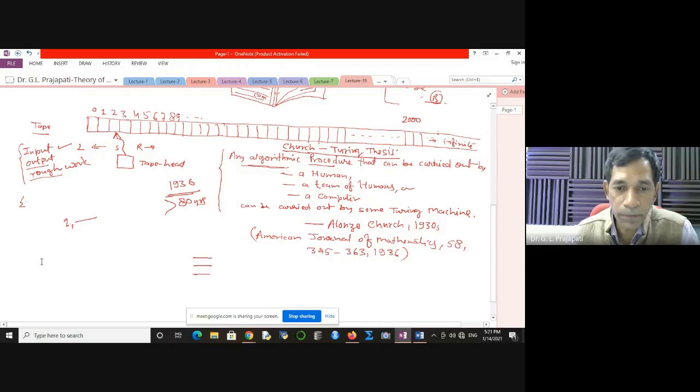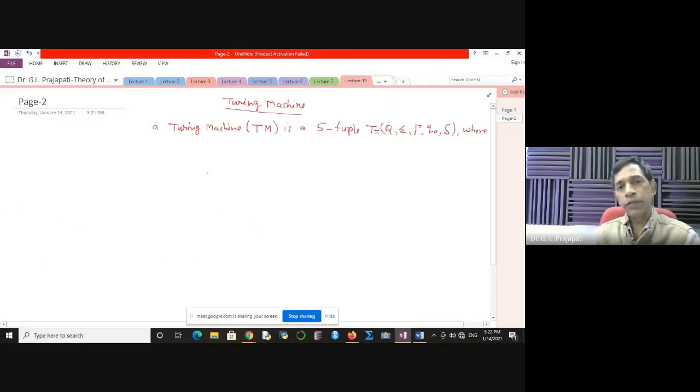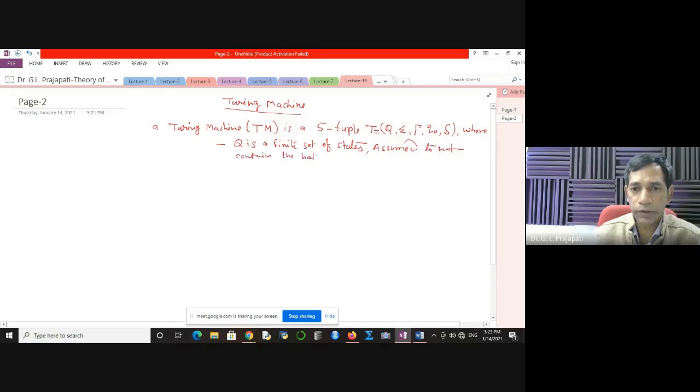Here we see the formal definition of the Turing machine. A TM is a 5-tuple: Q, sigma, tau, Q0, delta. And Q is, as usual, what? Q is a finite set of states, assumed not to contain the halt states, HA and HR.